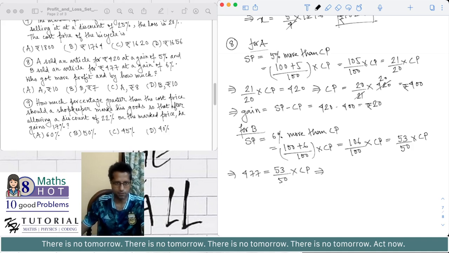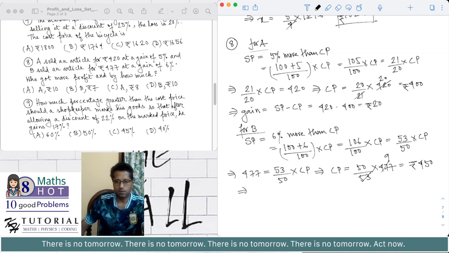So, the cost price at which B purchased the article is equal to 50 by 53 multiplied by 477. This is 9, 450.